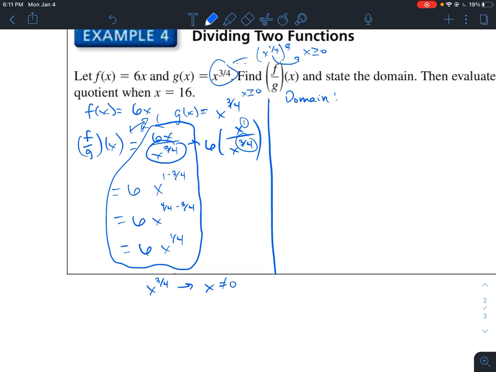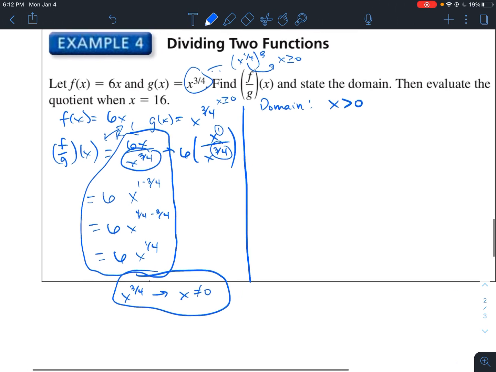Because if x is 0, 0 to the 3/4 power is 0. So that means that not only does x have to be greater than or equal to 0, but since we have a domain restriction that x cannot be 0 because it would make the denominator 0, x would have to be greater than 0, not equal to. It can't be equal to anymore. So that's the domain.